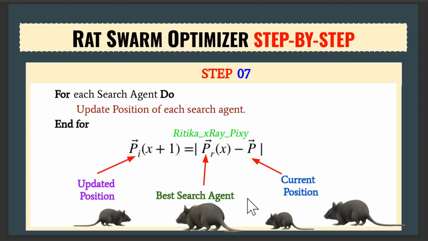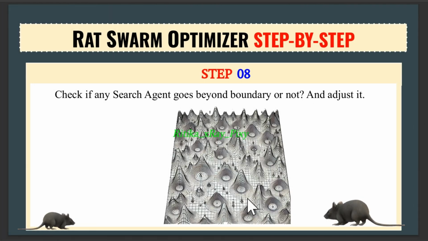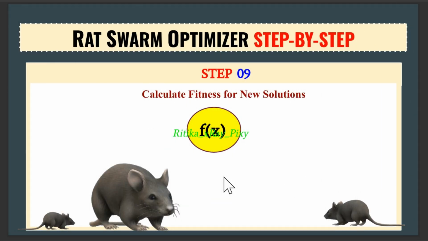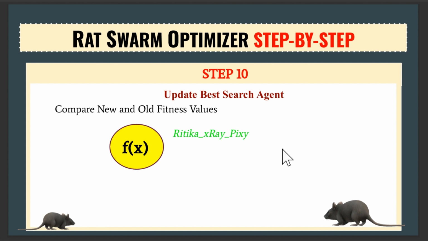This is our best search agent minus the rat's position. So now suppose for each search agent we updated their position. Now for each search agent we will check whether any search agent goes beyond the boundary or not, and if any search agent is not inside the boundary, then we will again calculate the position for that. After that we will calculate the fitness value for the updated solutions. So once the new fitness values are calculated, again we will update our best solution.